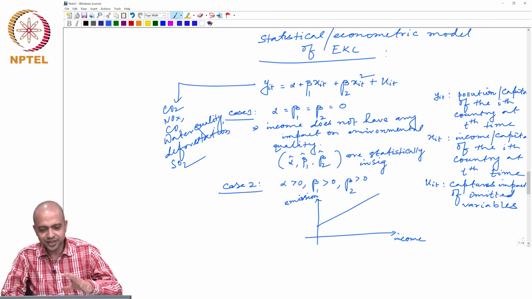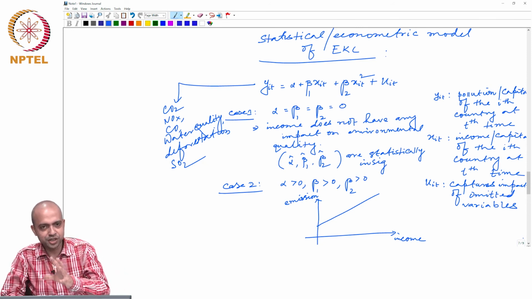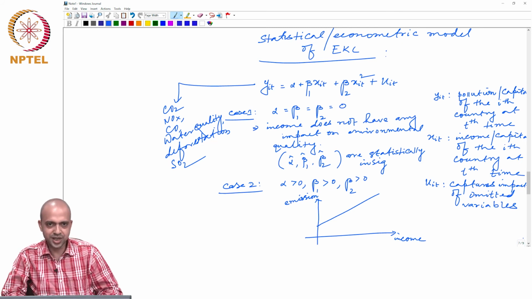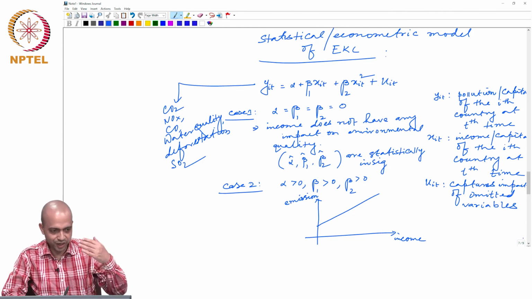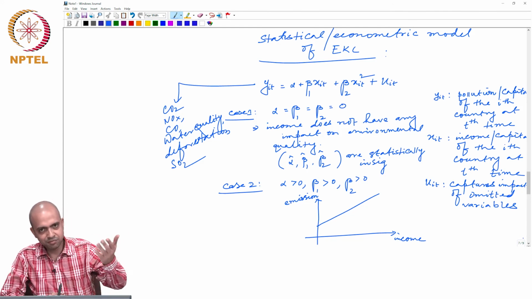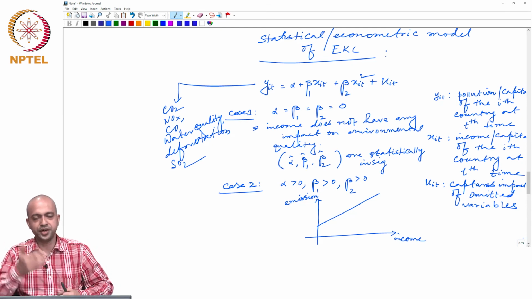So, generally it is assumed that we are estimating this relationship in a pooled sample where all the economies are combined in a single group. In that group we have countries with different levels of per capita income, very low, medium, high per capita income, and also their pollution level is different.